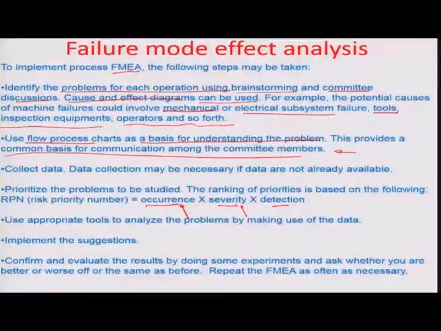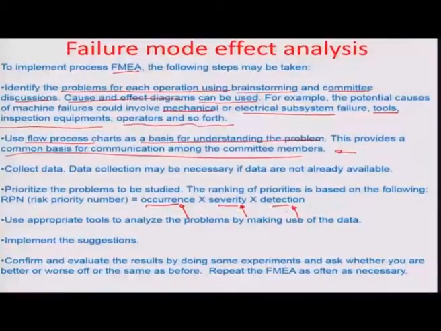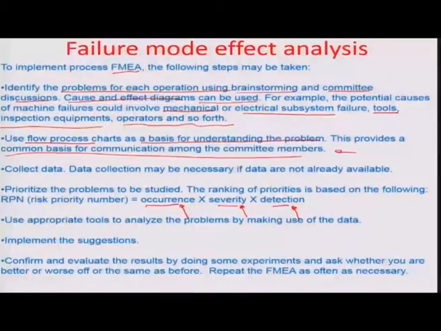Rating could be between 1 and 10 in a group of failures, or what the severity of a failure is relative to other failures which may be existing, again rated in a group of 1 to 10, and then the detectability of a certain failure mode, how probable it is that the failure would escape the notice of people who are involved in contributing to some kind of process deviation which leads to the failure. So, that also can be rated on some 1 to 10 numbers, and then we generate something which is known as a multiple of this tuple, that is occurrence, severity, detection multiplied with each other, and we call it a risk priority number.